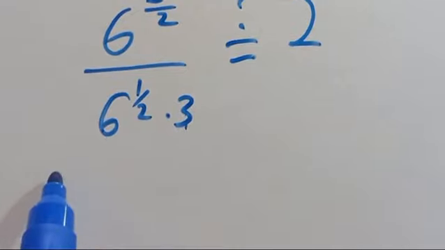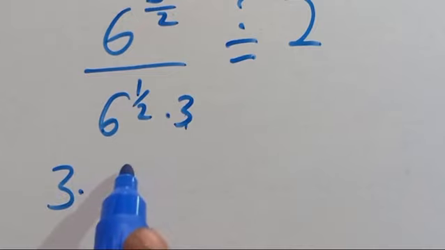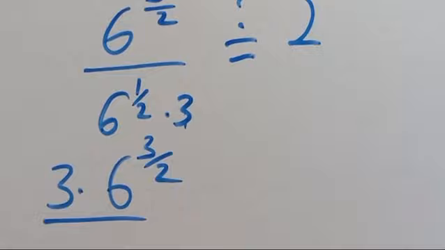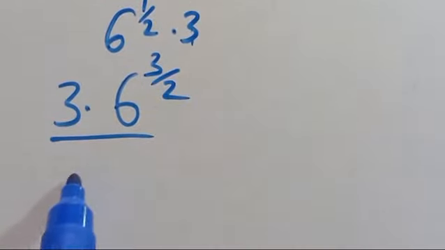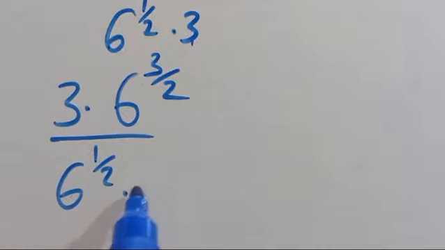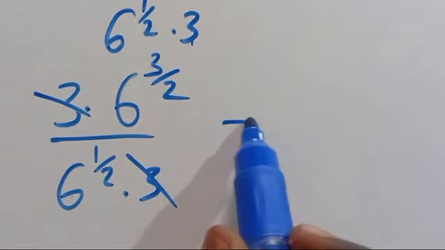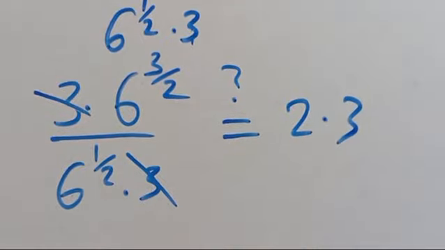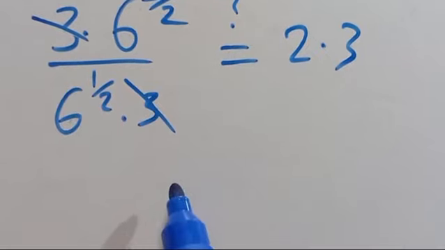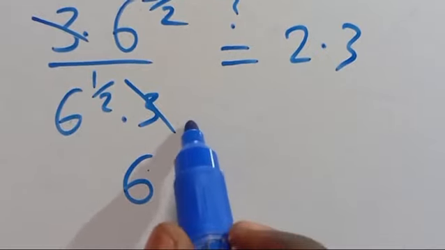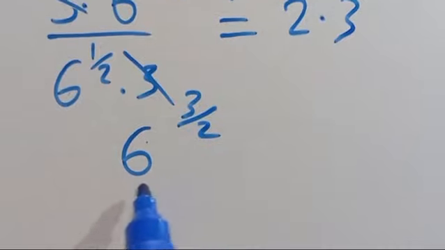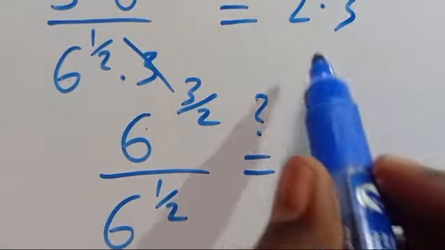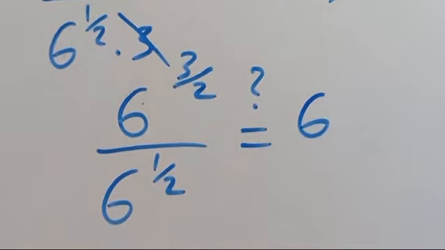So here will be 3 multiplied by 6 to the power of 3 divided by 2, then divided by this 6 to the power of 1 divided by 2 multiplied by 3. This will cancel this. Here also multiply by 3. So we have 6 to the power of 3 divided by 2 divided by 6 to the power of 1 divided by 2. And it's going to give us 3 times 2 will give us 6.